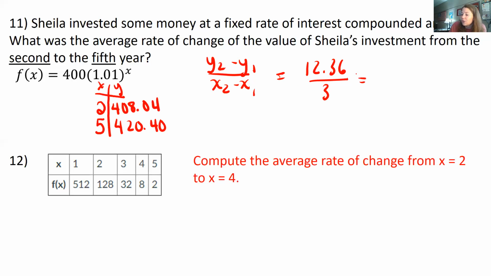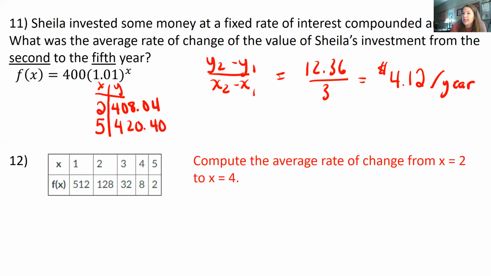So we're dividing 12.36 by 3. And our answer is $4.12 per year, because that's what they are, years. So the average rate of change is $4.12 per year. Got it?